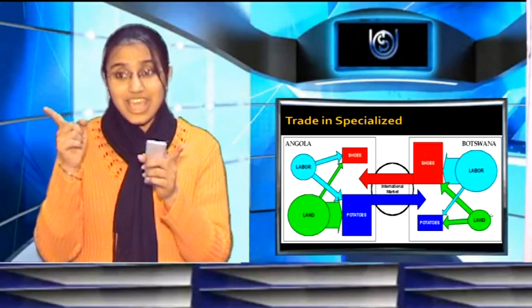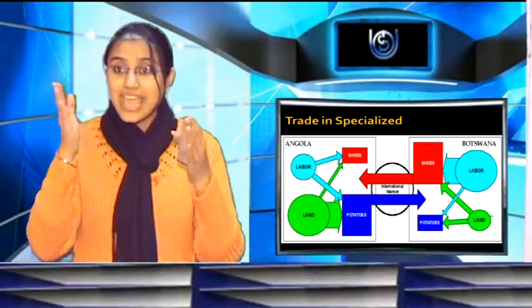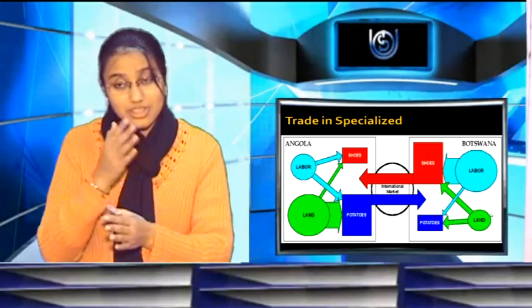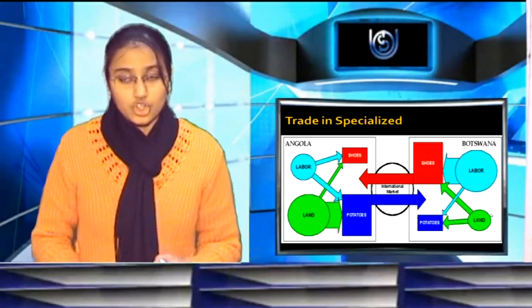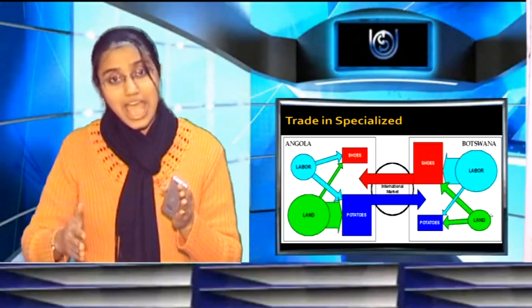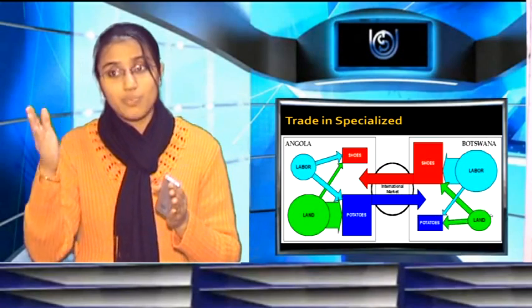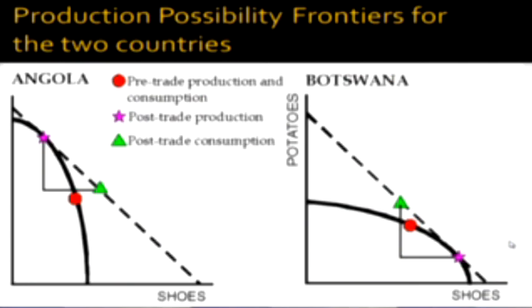So now they exchange them. That is how international trade happens. In this international market, they exchange the goods. Country A is going to export potatoes to B and country B is going to export shoes to A. So that comes under trade in specialized goods.